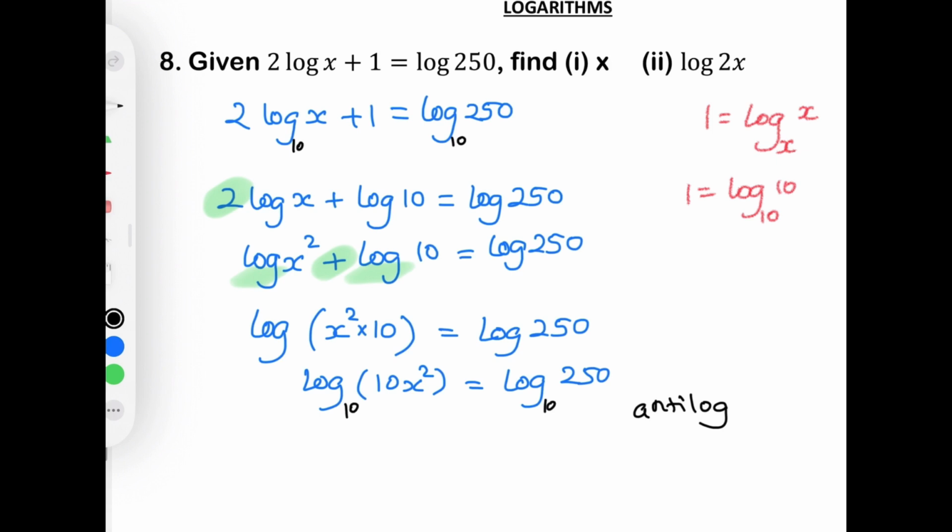So now we are left with 10x squared equals 250. That means x squared equals 25. If x squared equals 25, x is equal to plus or minus 5.